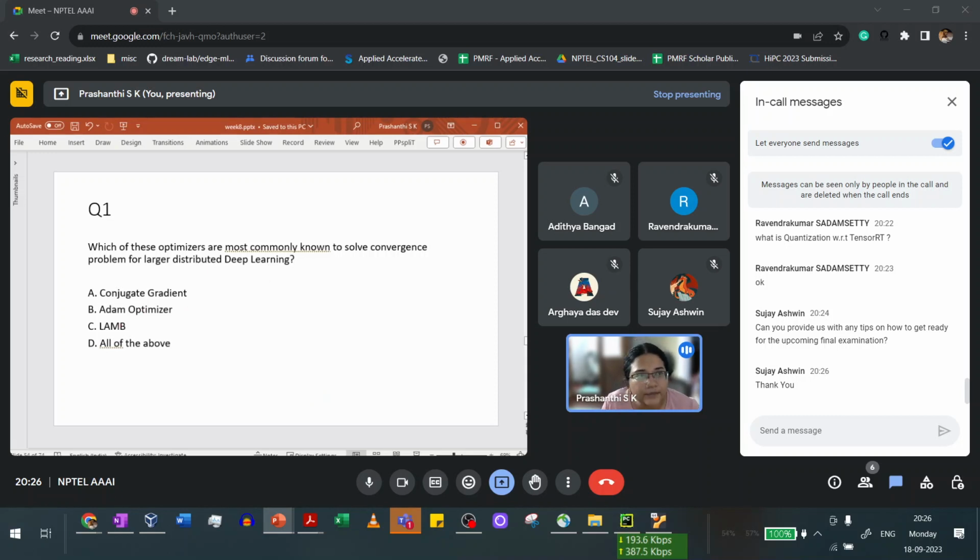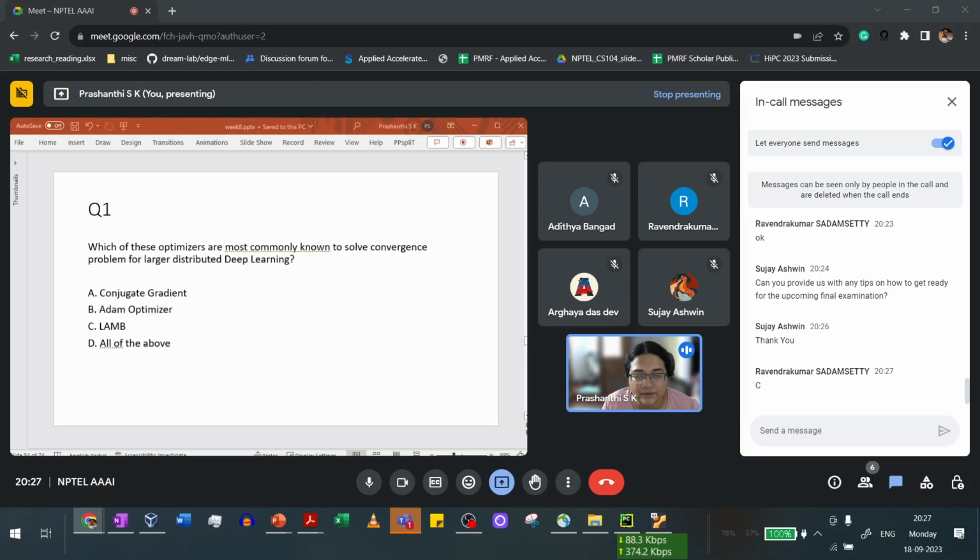Which of these optimizers are most commonly known to solve convergence issues for large-scale distributed deep learning? Conjugate gradient, Adam, LAMB, all of the above. This is one of the examples that I was talking about. You might not have heard of all of these optimizers in the class, but it is something that's asked. So now you have to figure out how to answer it. A few of these kinds of questions will be there in the exam as well.